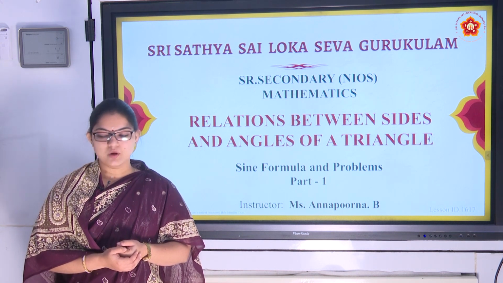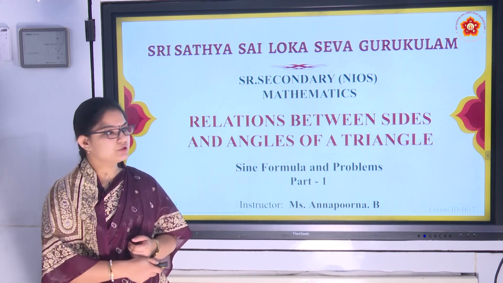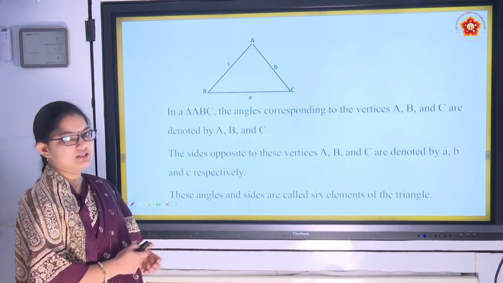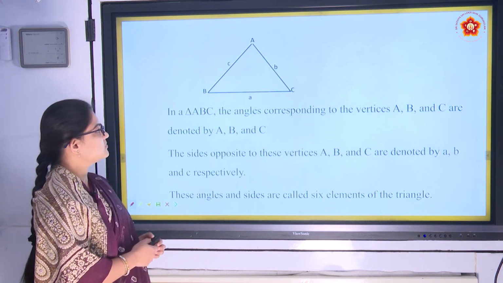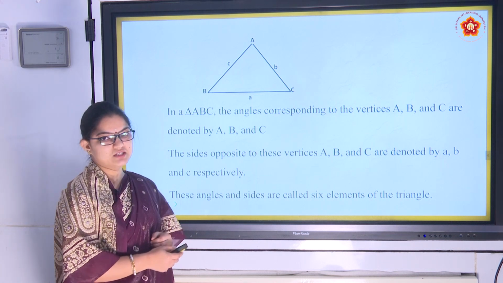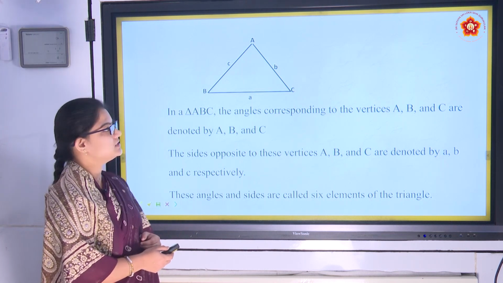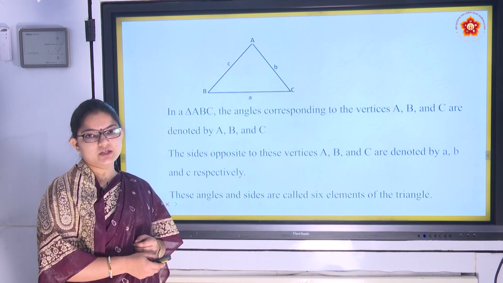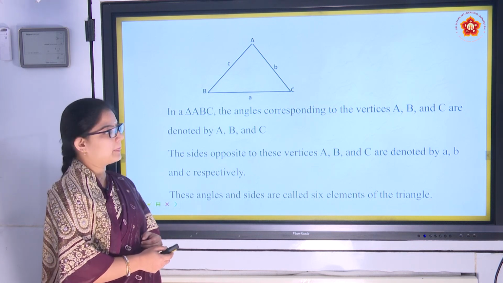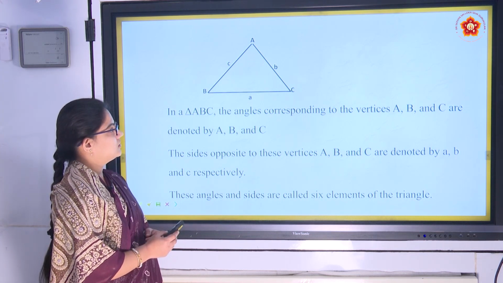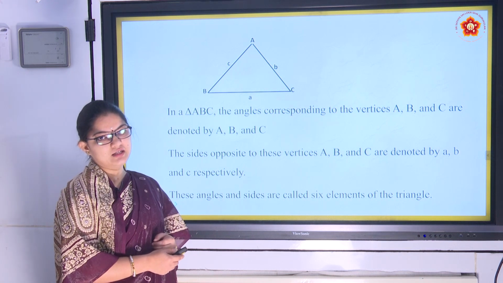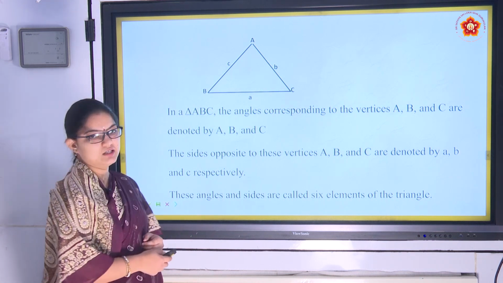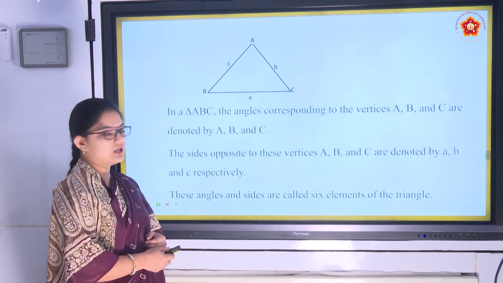Throughout this chapter, you are going to use the triangle ABC, where with respect to the vertices A, B, C, we have the angles A, B, C, which are denoted by capital letters. The side opposite to angle A, that is BC, is denoted by small letter a.